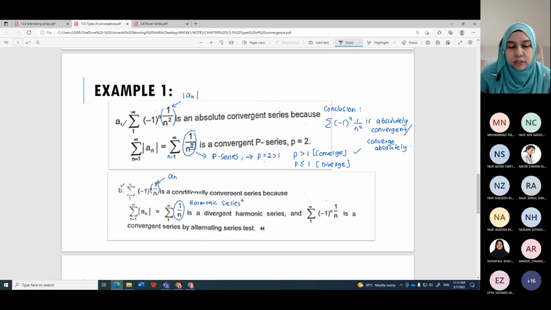So harmonic series is always diverge. Okay, then we proceed to test. Ni first step lah, first and second step kan. If diverge, so we proceed to another test.